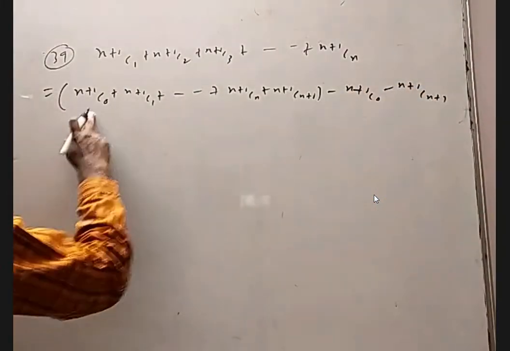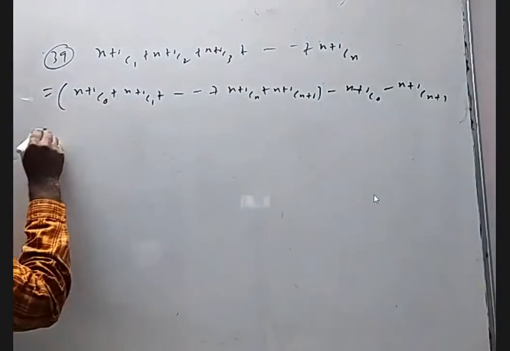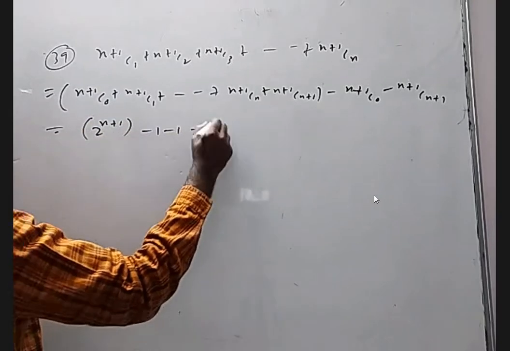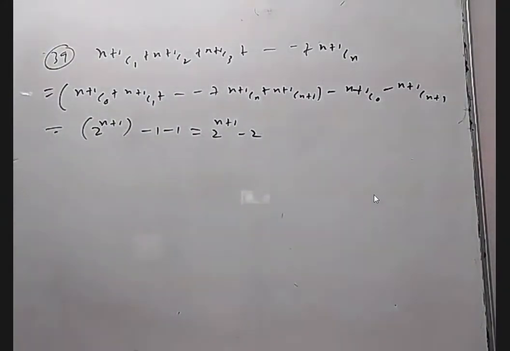So I added N plus 1 C0, subtracted, added N plus 1 C(N plus 1), subtracted. This is a full series of N plus 1. So it will be 2 power N plus 1 minus 1 minus 1, which is 2 power N plus 1 minus 2.